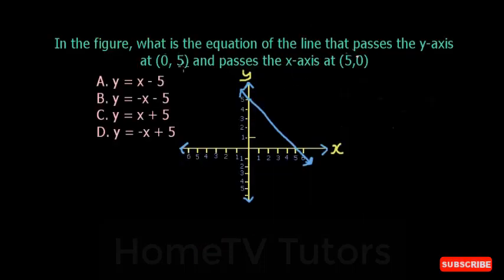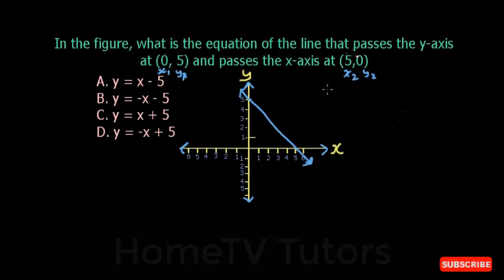And the figure, what is the equation of the line that passes the y-axis at (0, 5) and passes the x-axis at (5, 0)? The point 0 here is x1, 5 is y1, this is x2, and this is y2.